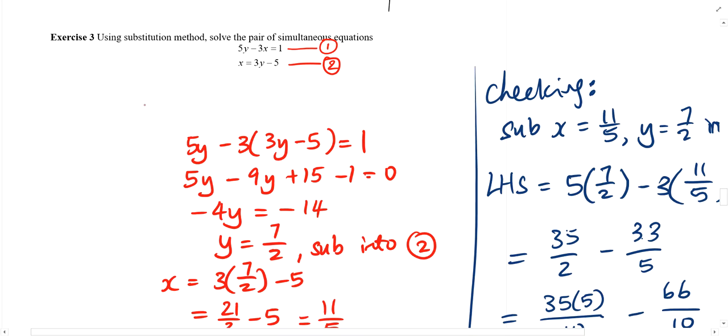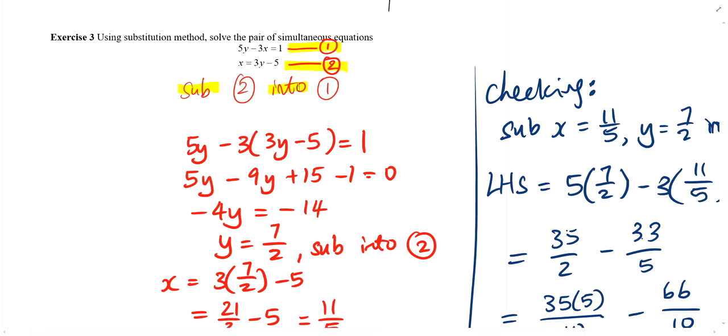If you are lucky, one of them will have x or y as the subject already. Are we lucky over here? We are lucky, right? Equation number 2 has x as the subject already. So I sub 2 into 1. I'm going to highlight the standard stuff you always do. Sub something into something.